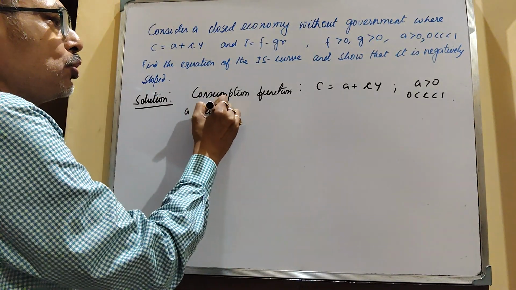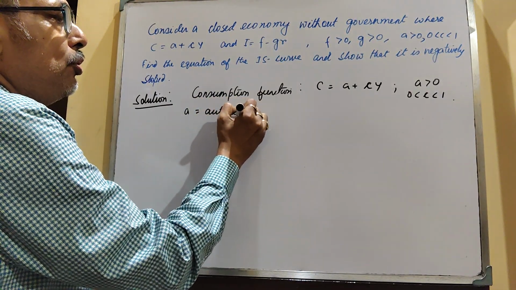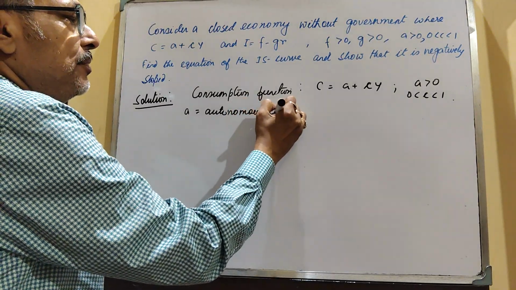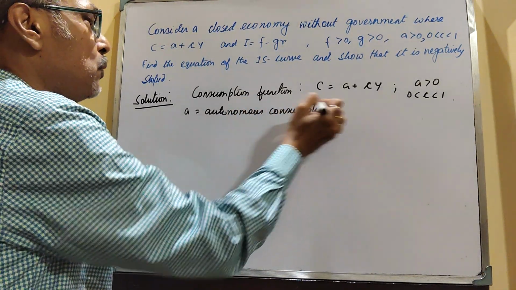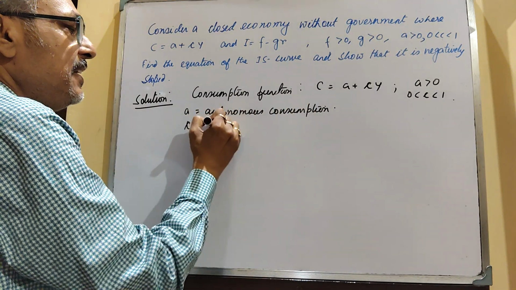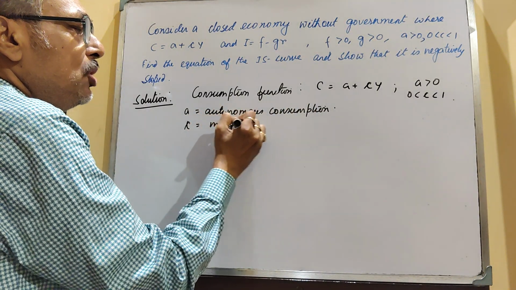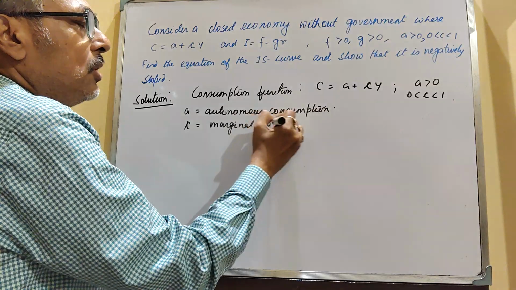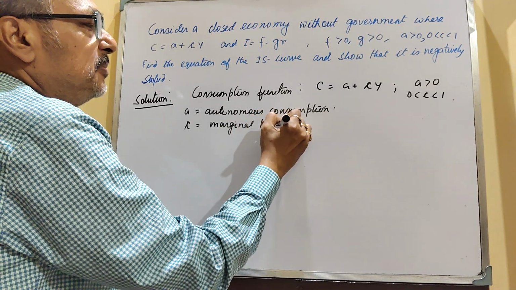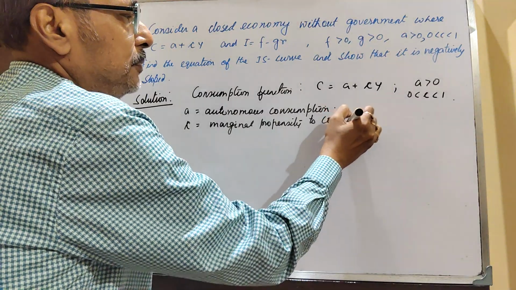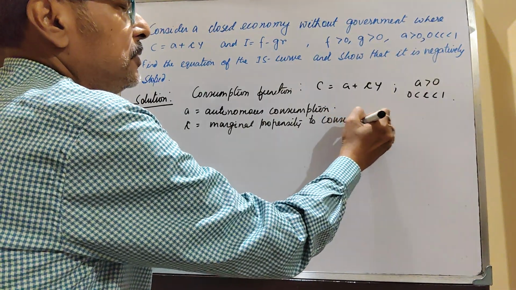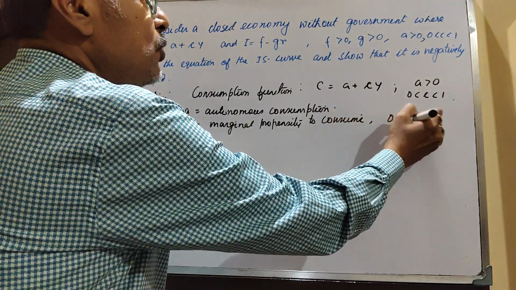A is autonomous consumption, and small c is the marginal propensity to consume. It lies between 0 and 1.